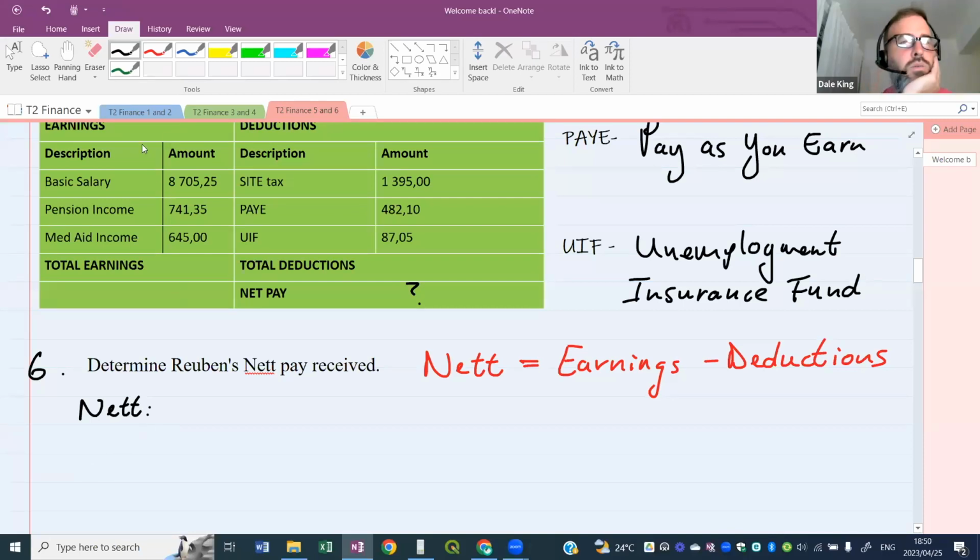I'm seeing net with a double T. I don't think it's a double T. It looks wrong. Hugo, net's only got 1 T, doesn't it? Sure, net only has 1 T. I think net has 2.